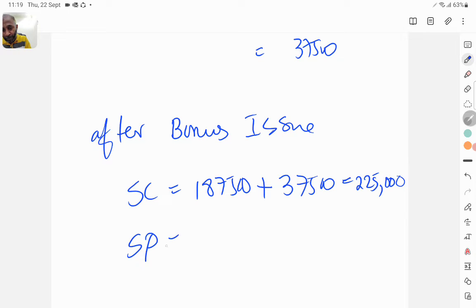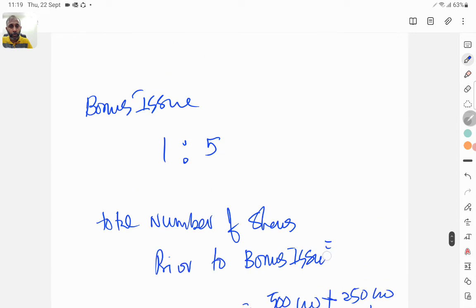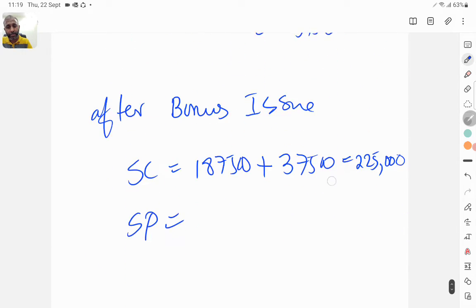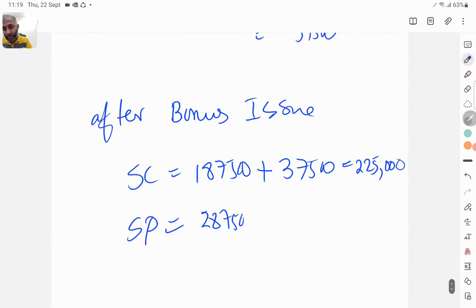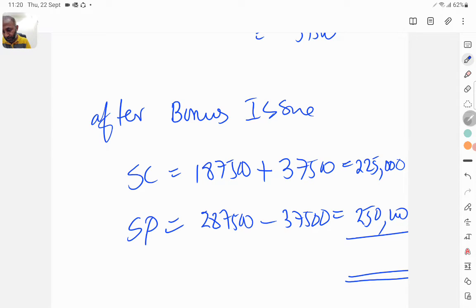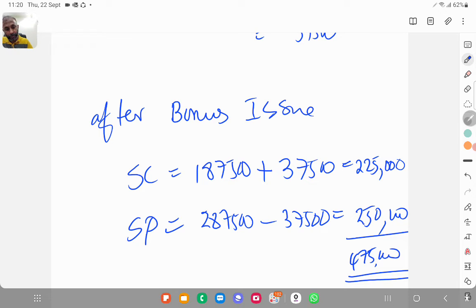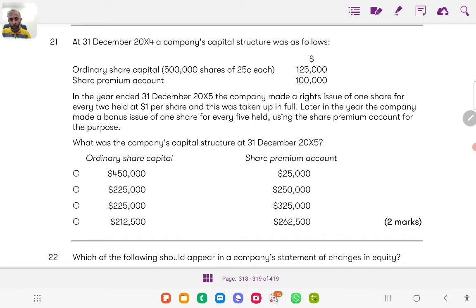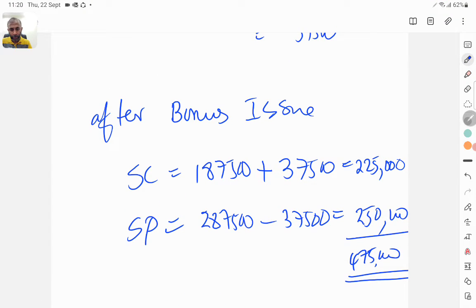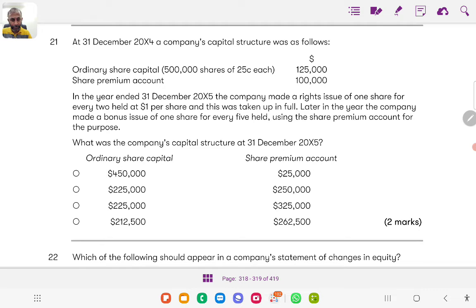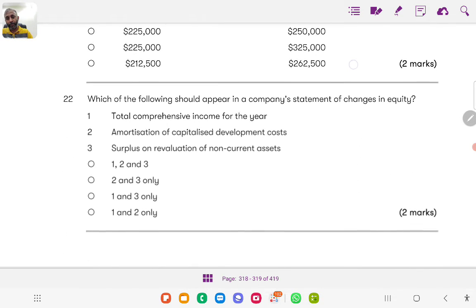And then share premium will be, prior to the bonus issue, my share premium 287,500 minus 37,500, $250,000. Total 475,000. So what they are asking you, ordinary share capital will be 225,000 and share premium will be 250,000. Answer is number 2. Okay.